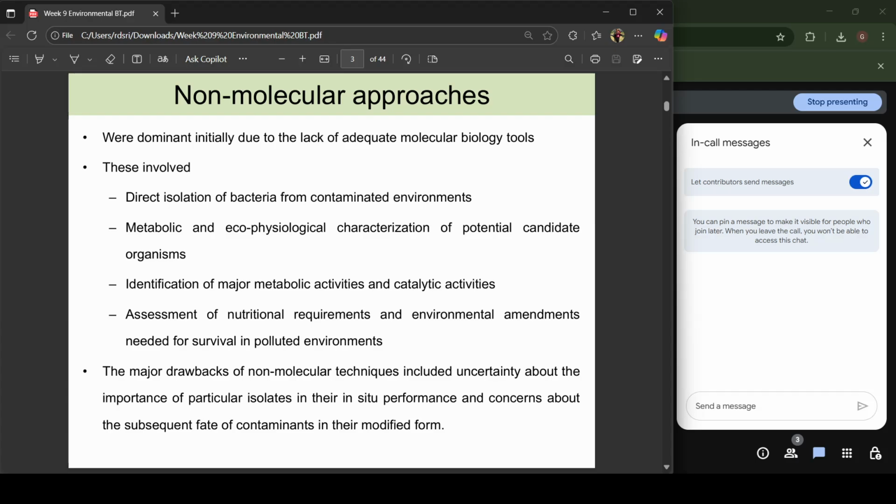But in the natural habitat, there may be some environmental condition shift or deficit in nutritional requirements. In that case, whatever we have hypothesized will not work in real-time conditions. So that is one of the major drawbacks of these non-molecular approaches.